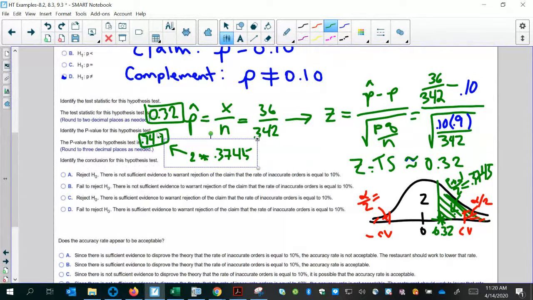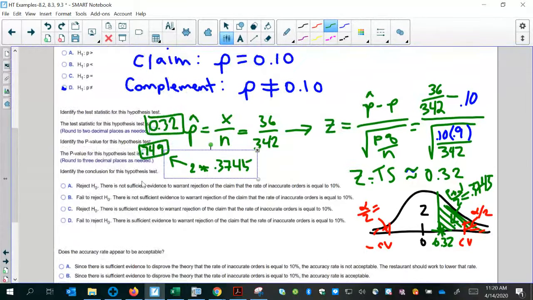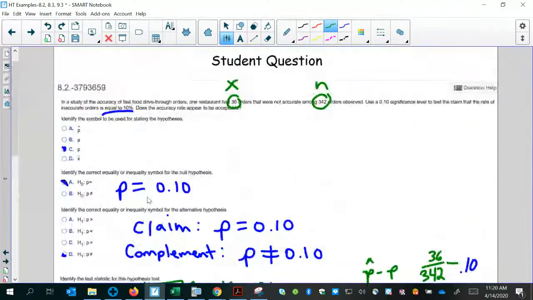Well, we have a p-value 0.749, and we need to compare that to a significance level. The significance level was given in the problem as 0.1, so that's our alpha. So that's an area or a probability of making a type 1 error. That's the maximum probability of a type 1 error.